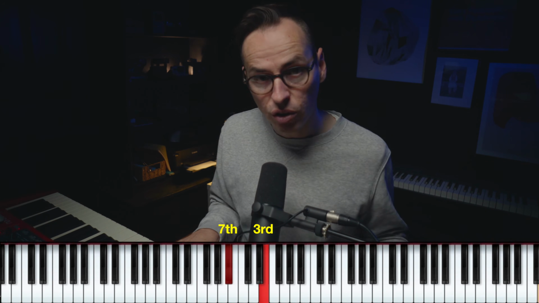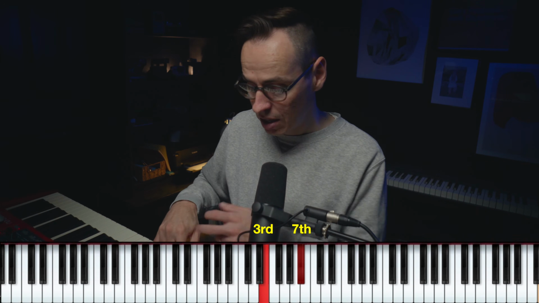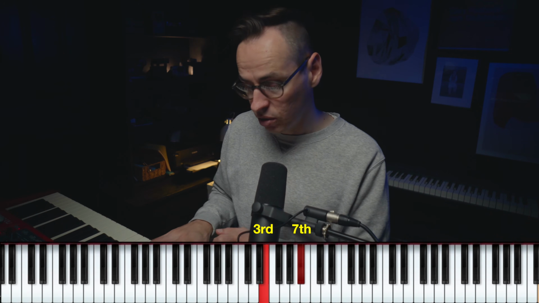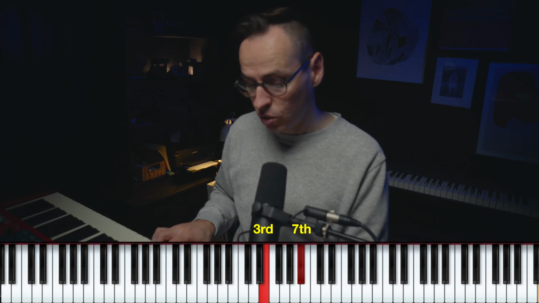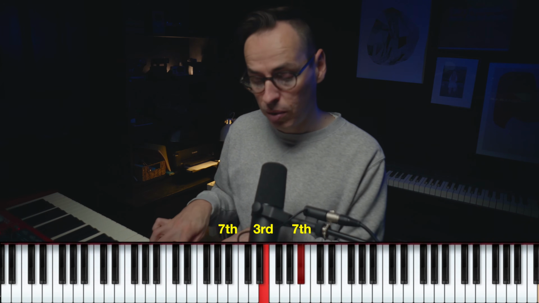And an interesting thing to notice is that if we invert the tritone like we've done on the other chords, it's still a tritone. It's that sharp 4 or the flat 5. So it's a tritone, however it's inverted. And that's because the tritone is the halfway point of an octave. There's exactly 6 semitones or 3 tones on either side.